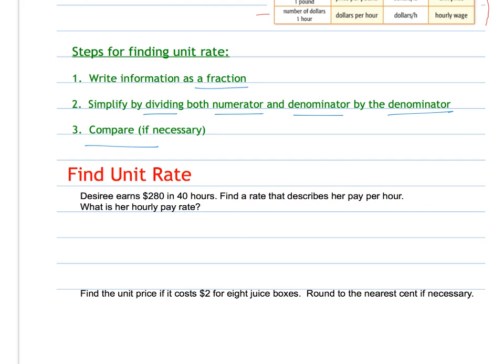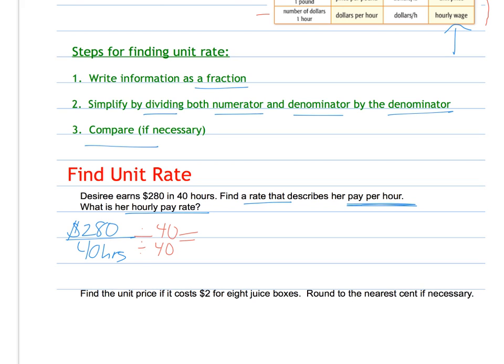Finding unit rate. So Desiree earns $280 in 40 hours. We want to find the rate that describes her pay per hour. So we're finding her unit rate. What is her hourly pay rate? Hourly wage, remember, was a common phrase telling us we're looking for unit rate. So step 1, we write them as a fraction, 280 over 40 hours. We want to divide by our denominator. Denominator is 40.